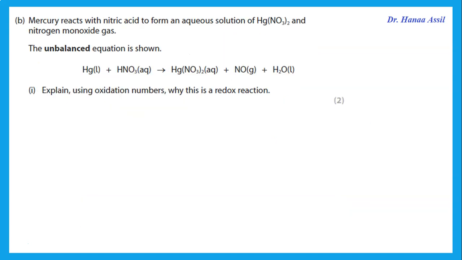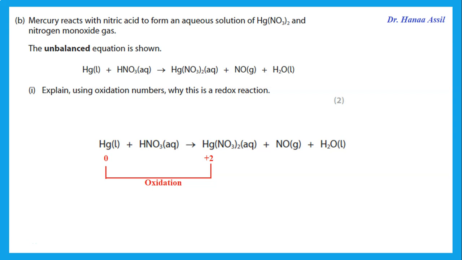Mercury reacts with nitric acid to form an aqueous solution of mercury nitrate and nitrogen monoxide. The unbalanced equation is this. Explain using oxidation numbers why this is a redox reaction. Okay, so if we look at this, where is the oxidation? Mercury goes from 0 to +2, and the nitrogen goes from +5 to +2.